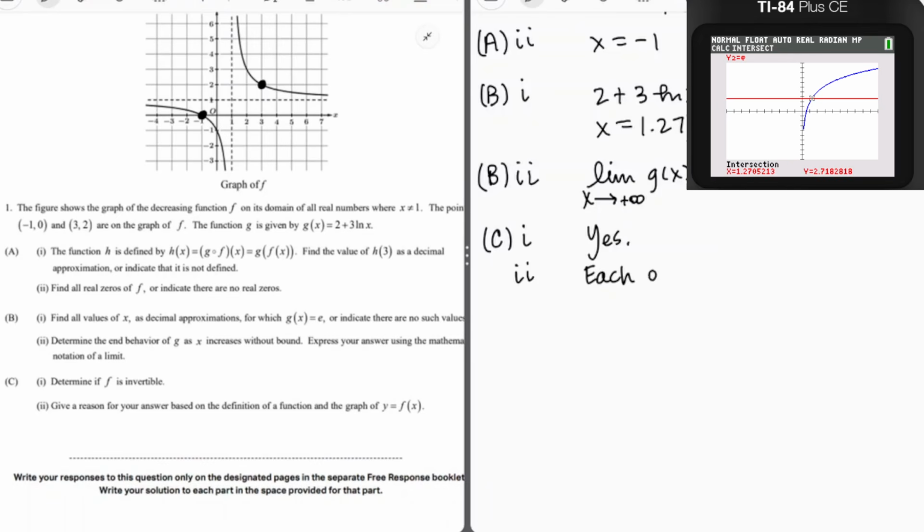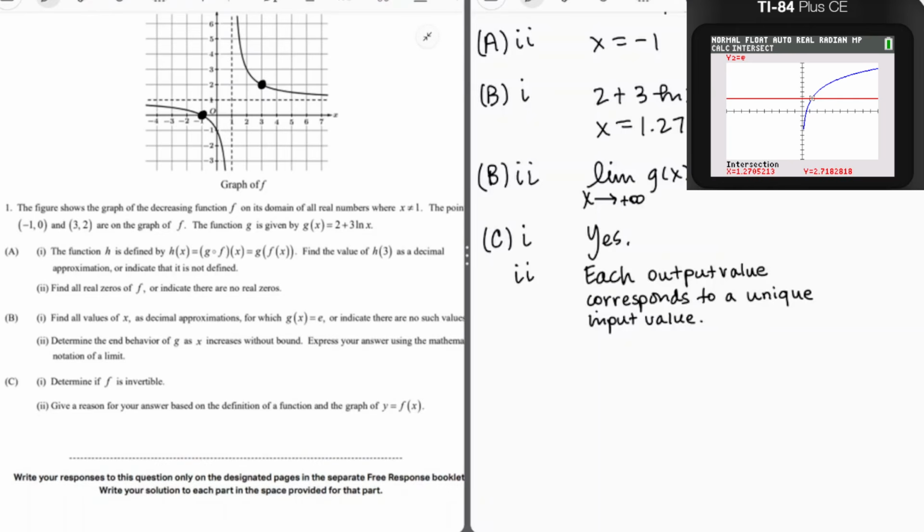Each output value corresponds to a unique input value. And that's going to have to do with the definition of a function, right?